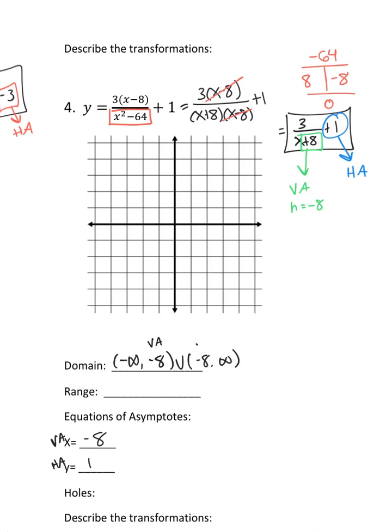There we go. Range is going from negative infinity to the horizontal asymptote. So I've got -8. I'm just going to put it somewhere out here. The graph is too small. It doesn't include that. And then 1 is going to be up here.